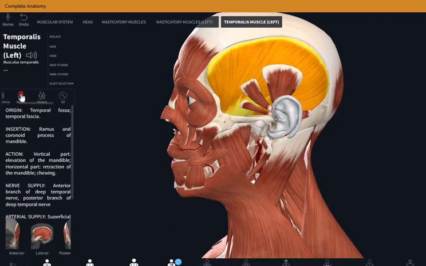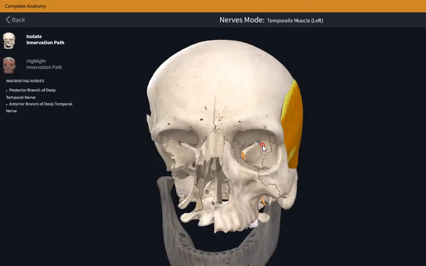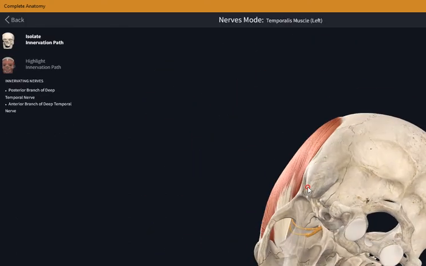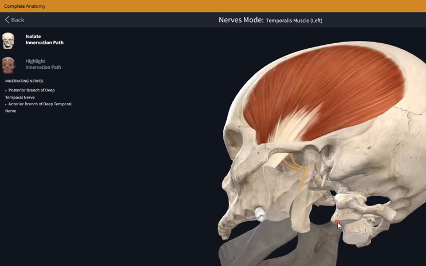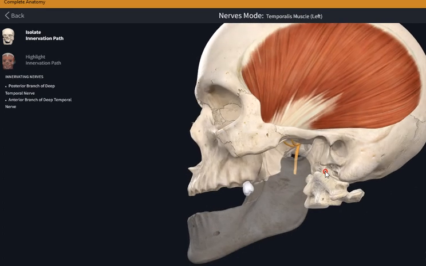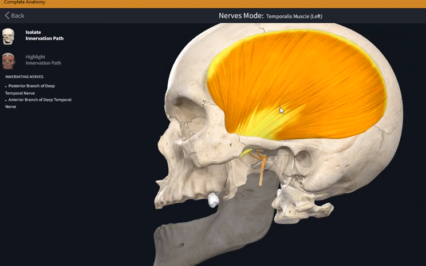Now let's see the nerve supply to the temporalis muscle. Isolating the nerve, we see that it receives from the trigeminal nerve. The trigeminal nerve is internal here. So we have the mandibular part of the trigeminal nerve, which comes out from the foramen ovale and supplies the temporalis as such here.